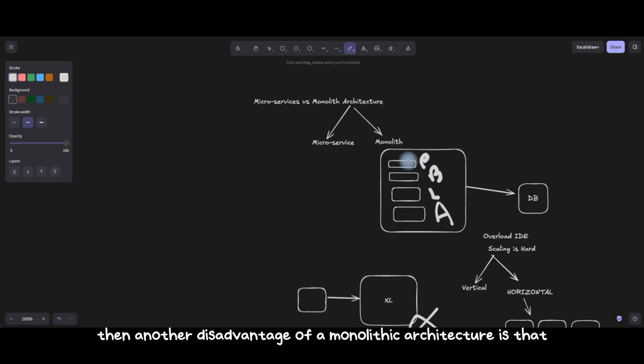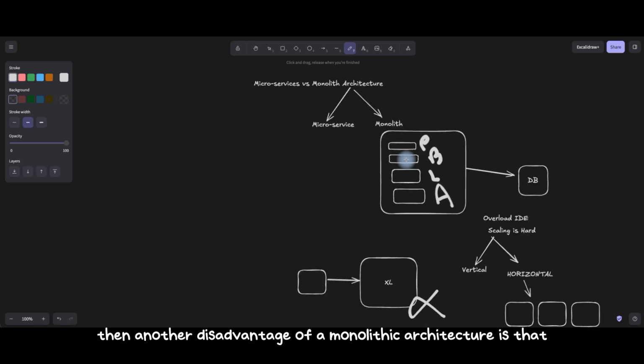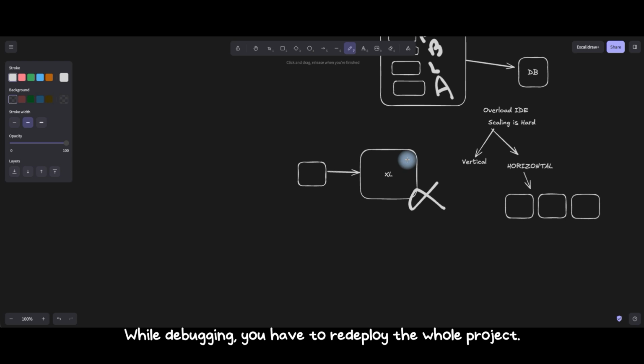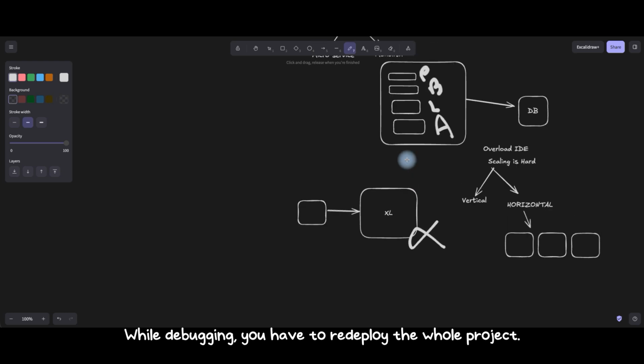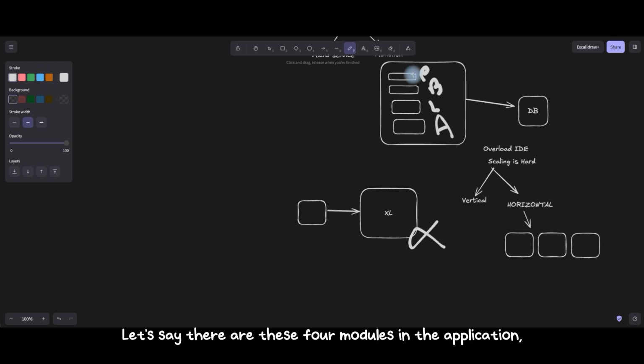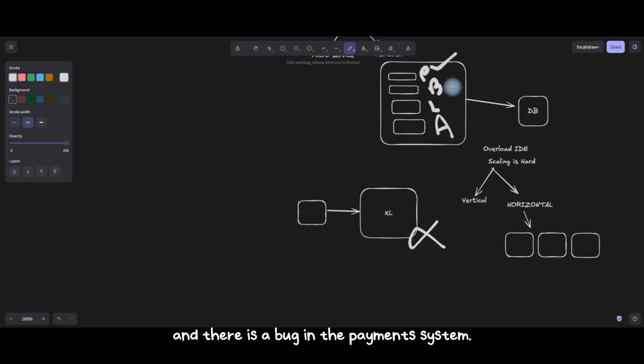Another disadvantage of a monolith architecture is that while debugging you have to redeploy the whole project. Let's say there are four modules in your application, and there is a bug in the payments system. So you fix it. Maybe you just add a null pointer fix, or an if-else condition, or a logger.